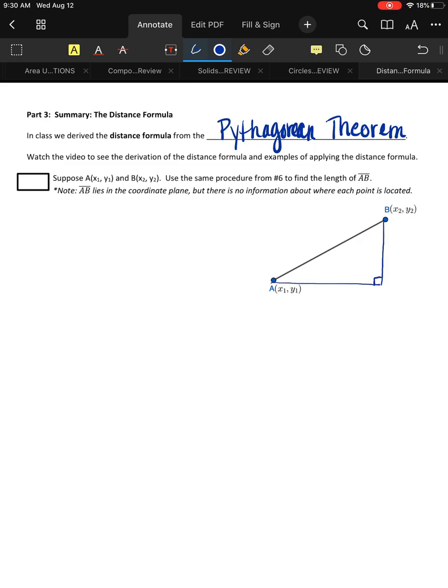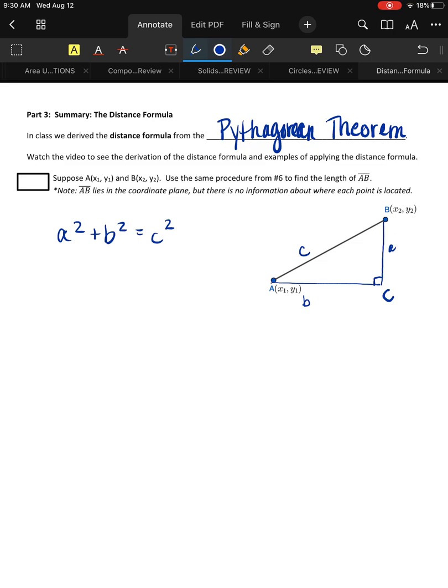And if our triangle is right, let's call this point C, and that's side c because it's opposite, and this is side a because it's opposite of vertex A, and this is side b. Then we can say by the Pythagorean theorem that a squared plus b squared is equal to c squared, as long as our triangle is right.